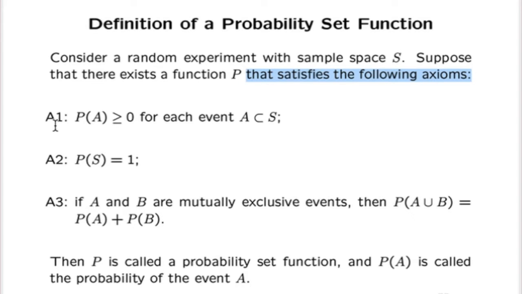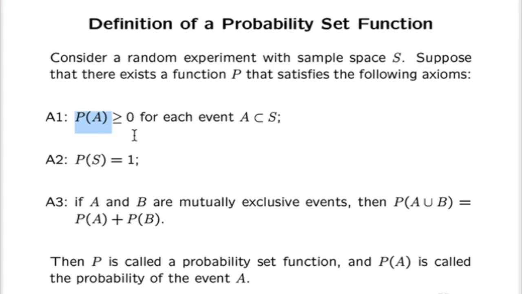Axiom 1, A1, is that for every event associated with the experiment, that is, every event that is a subset of the sample space, this function P evaluated on that event is at least 0.